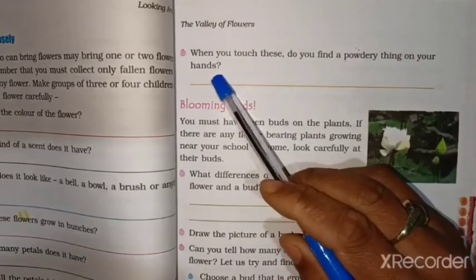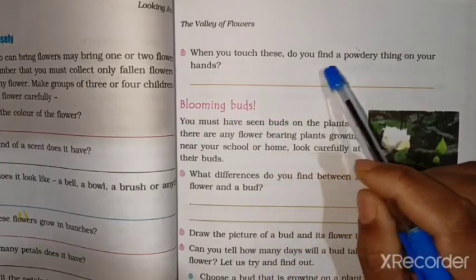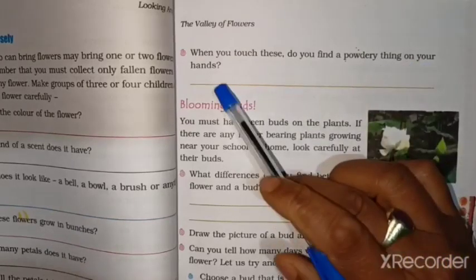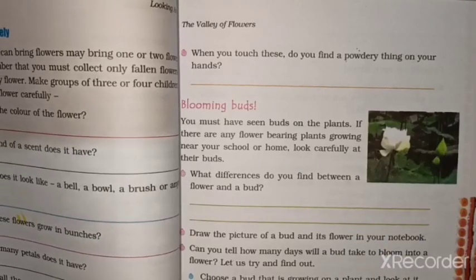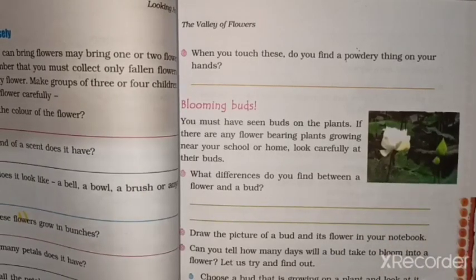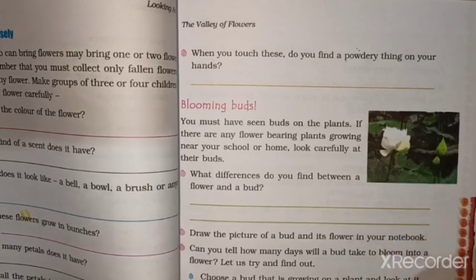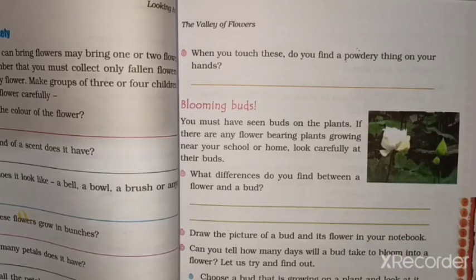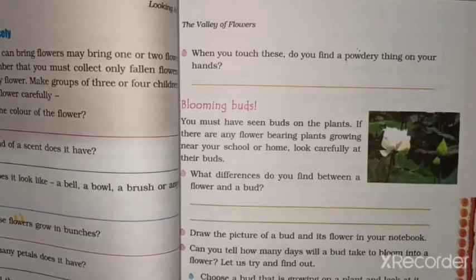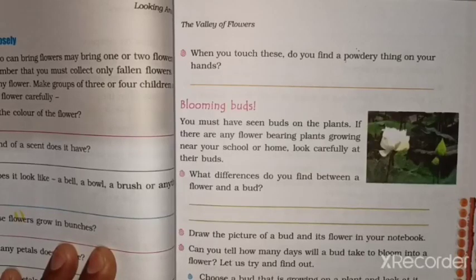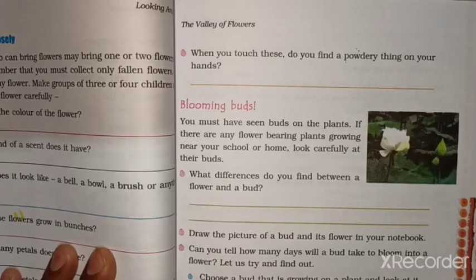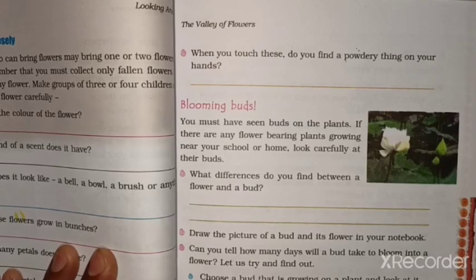Here, when you touch this, do you find a powdery thing on your hands? This is the continuation from the previous class. So when you touch the flower particularly, do you find a powdery thing on your hands? The question itself is an interactive question, so your answer may be different from one student to another because it is based on your observation.